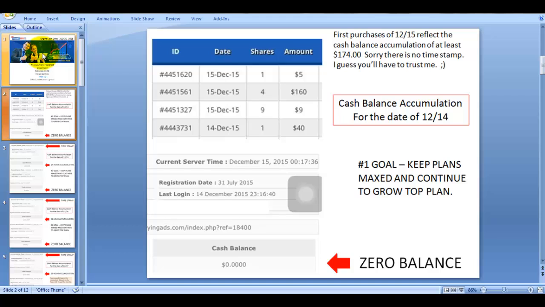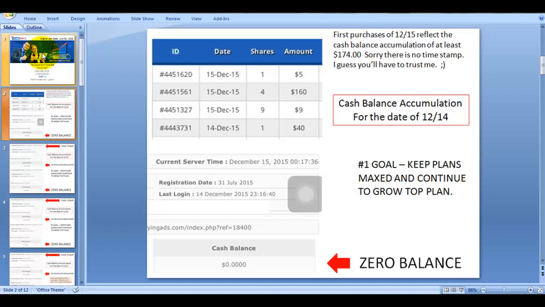Now, there's no timestamp on this. The only thing that you can really use as judgment is the date of the actual purchases and the fact that it does follow up on December 14th, which indicates that it's the first purchases of the day. And so beyond that, you'll just have to trust me that this is my accumulation for the day, which adds up to about 174.